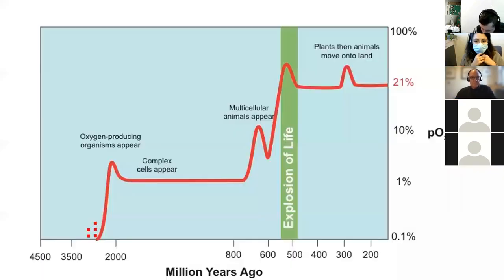So the crux of my story is really, okay, if you look at the very famous graph where you have on the y-axis the log scale of the CO2 in the atmosphere and time going from the beginning to present on the x-axis, you see an increase after the Great Oxygenation Event, and then you see the boring billion, and then you see another increase in oxygen.